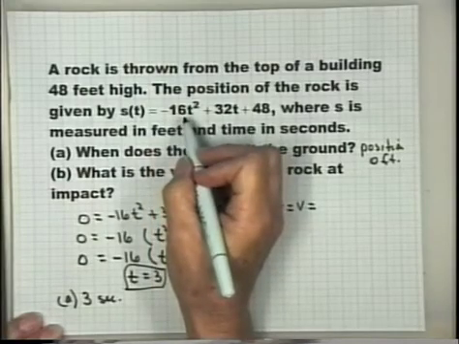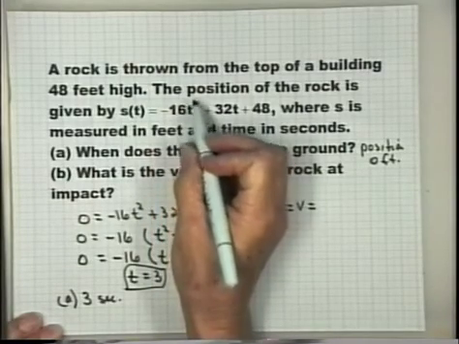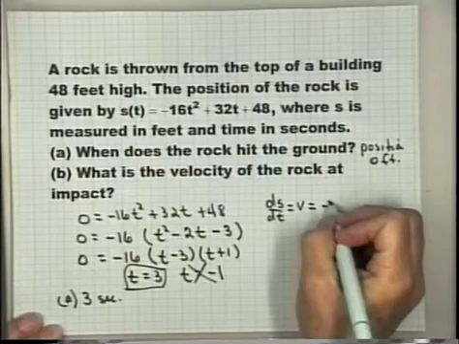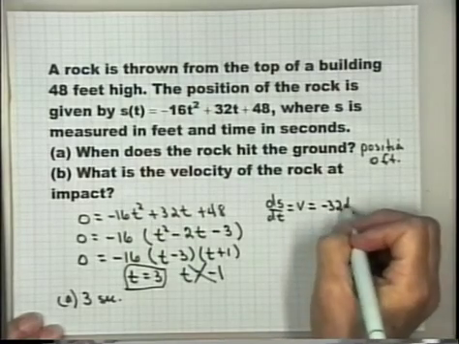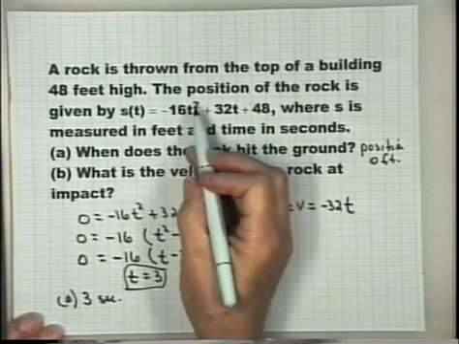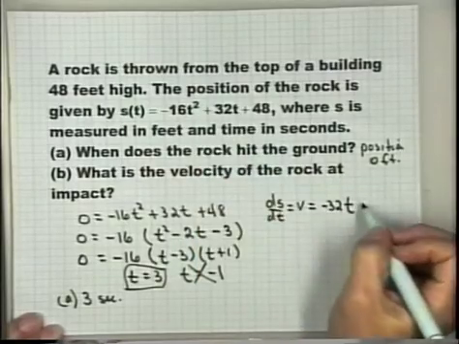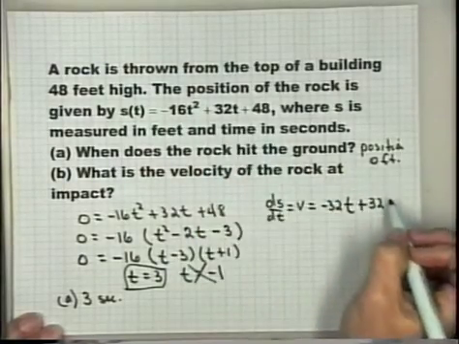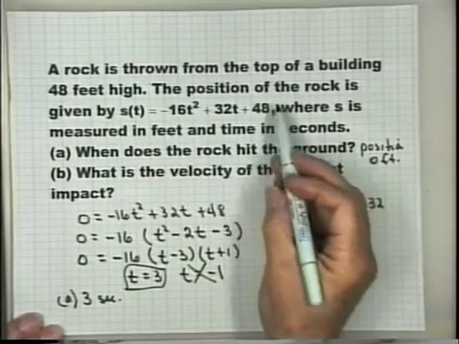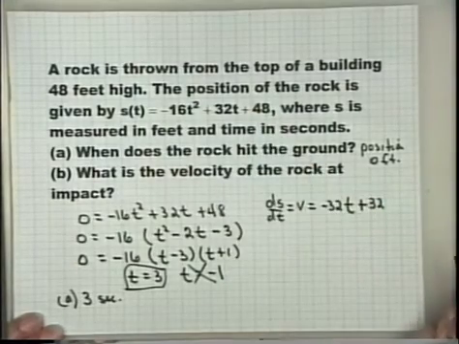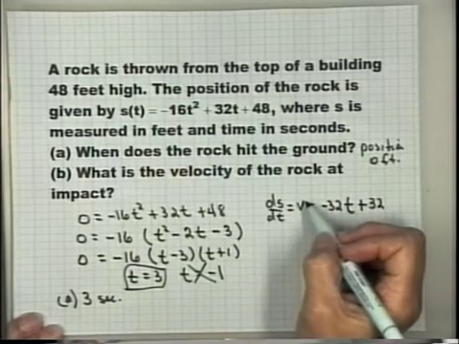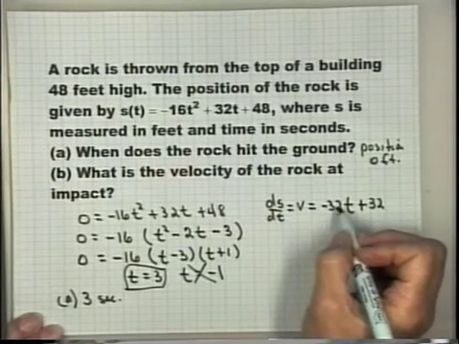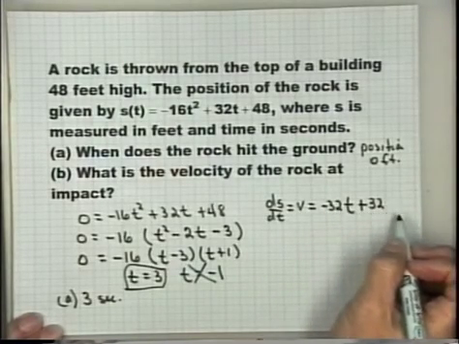Applying our rules, the derivative of this first one will bring the 2 down. I'll get a negative 32t to the first power. Notice when you subtract 1 from that exponent. Plus, I'll bring down the constant 32. The derivative of t will be 1. And finally, the derivative of this constant right here is a 0. So my velocity is negative 32t plus 32.